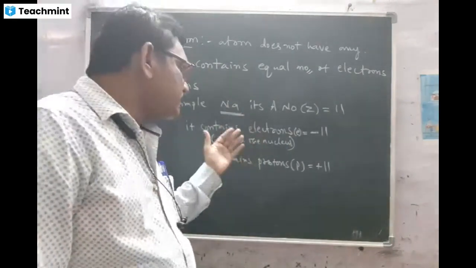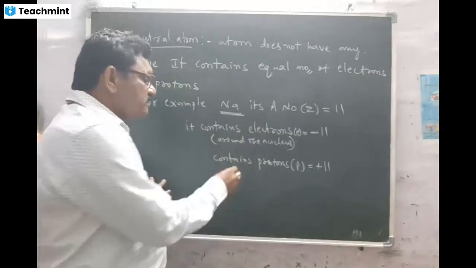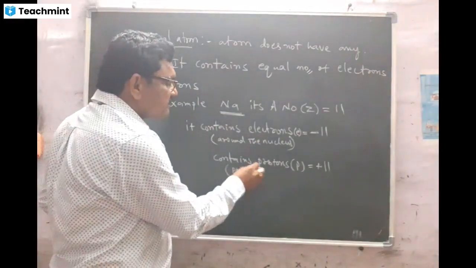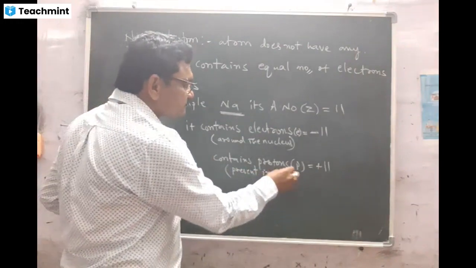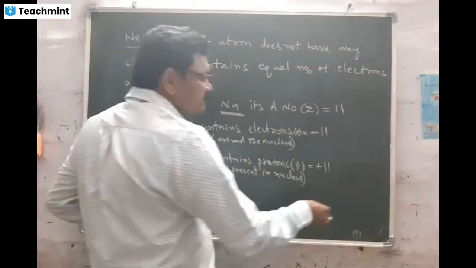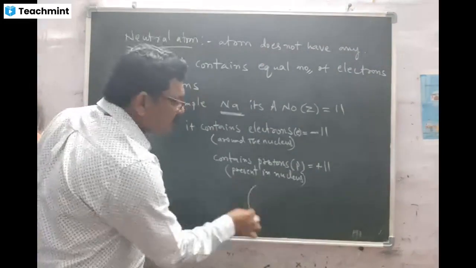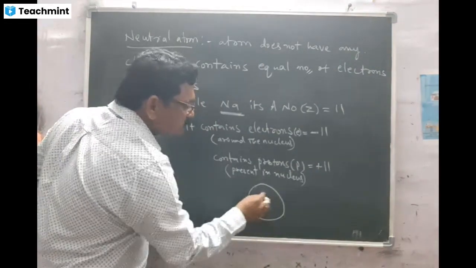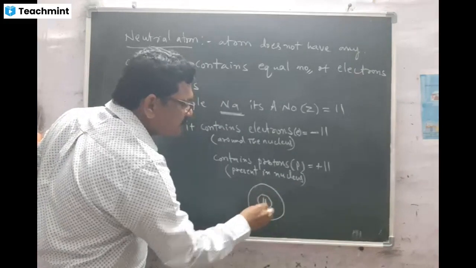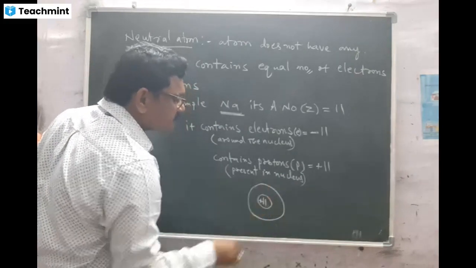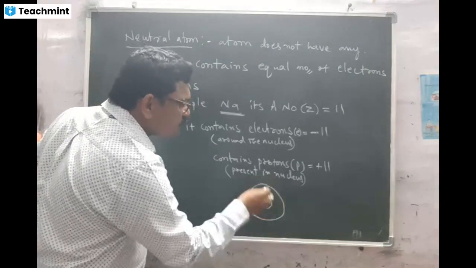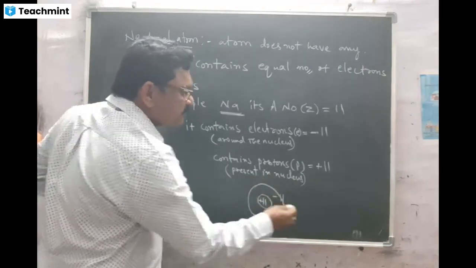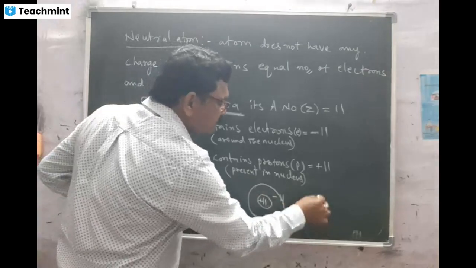You know very well electrons are present around the nucleus, but protons are present in the nucleus. Here I can draw the picture. The center of the atom is nucleus. Here how many protons are there? Plus 11. Around nucleus, how many electrons are there? Minus 11.